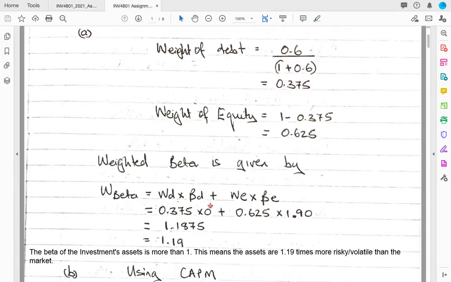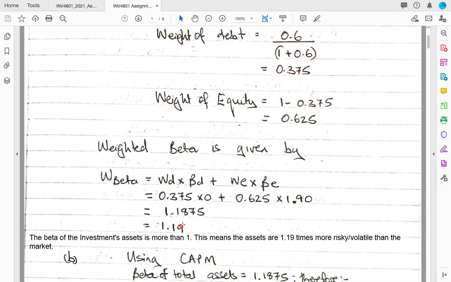So here, it's important to note that there are different ways to interpret this. I've written one interpretation here, but you can interpret this in different ways. So I said the beta of the investment's assets is more than 1. So this means the assets are 1.19 times more volatile or more risky than the market.